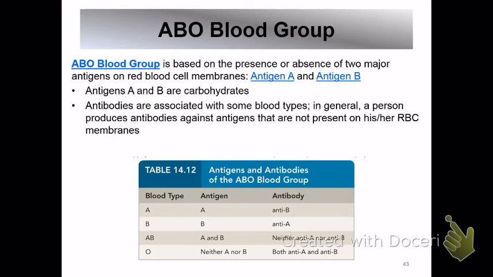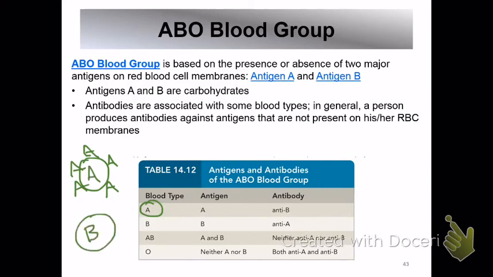Okay, so ABO blood group. You want to draw this table out, pay close attention to it. It's based on the presence or the absence of 2 major antigens. There's antigen A and antigen B. Okay, if you have A blood, then you have A antigen. So here's your A blood and you have A surface proteins, right? That's good. That's normal. It's fine. Now, that means that your body naturally makes an antibody against the B's, which is the other option.